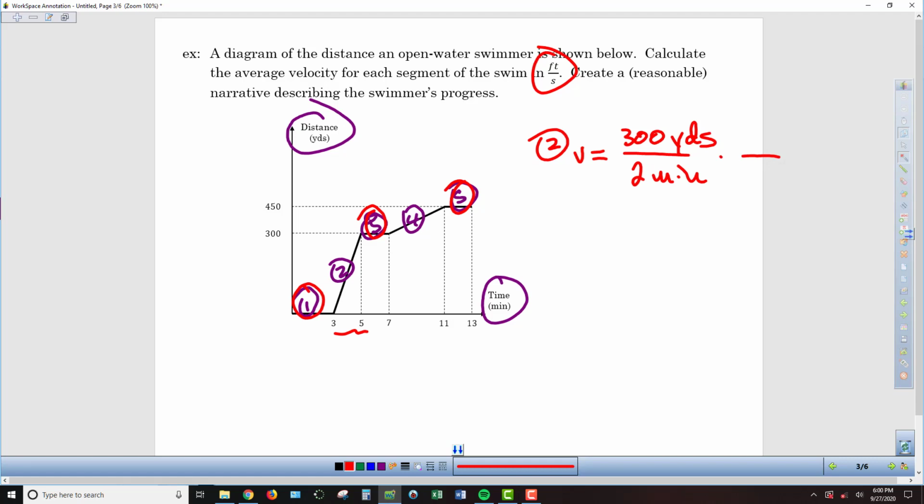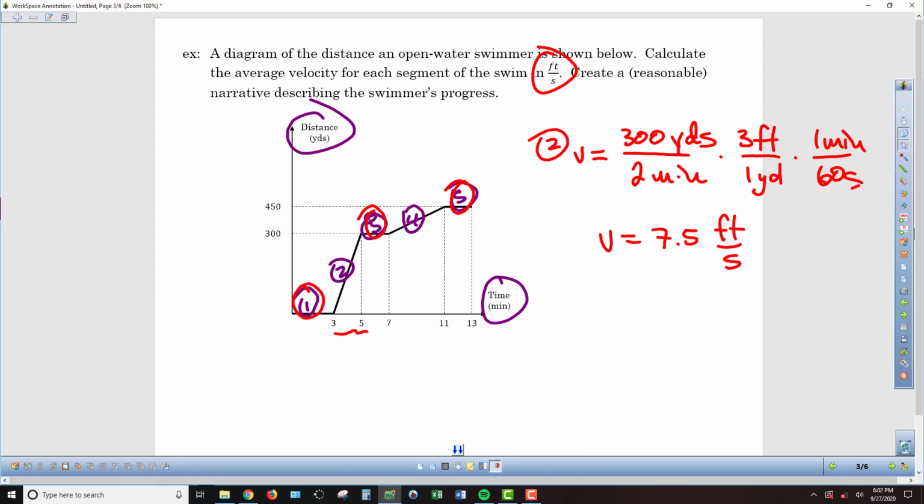So we need to convert our yards to feet. So of course there's 3 feet in 1 yard. And then we need to convert our minutes into seconds. So in 1 minute, we have 60 seconds. And so if we perform those conversions and operations, we'll see that we get 7.5 feet per second.